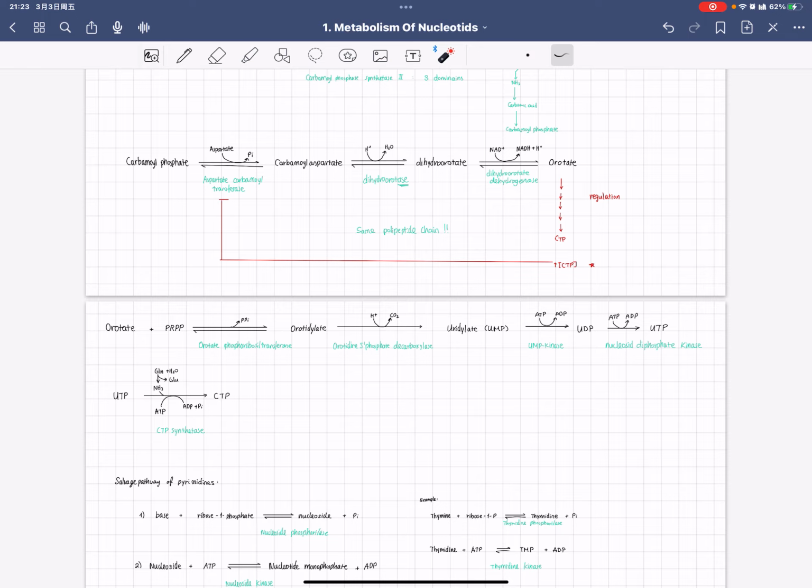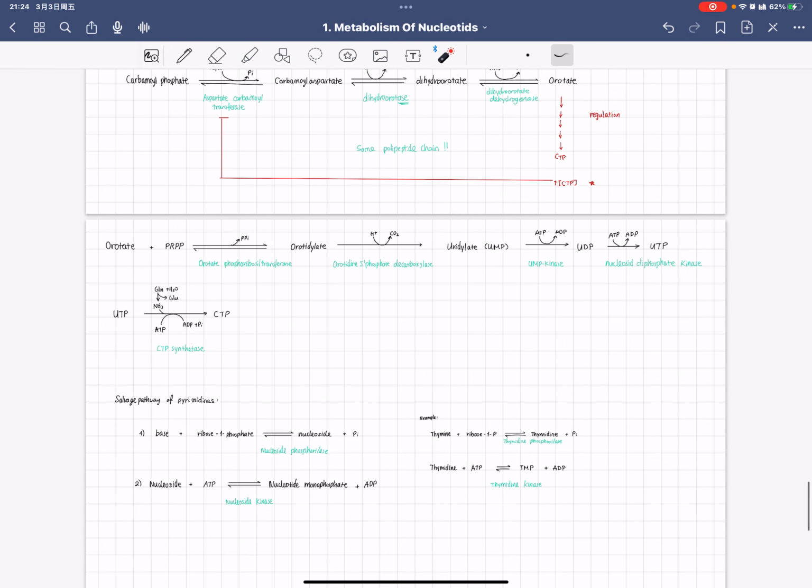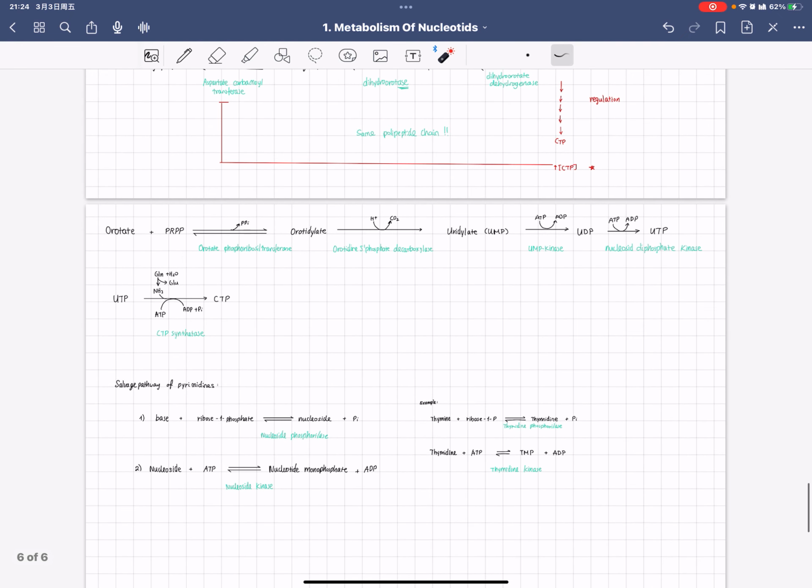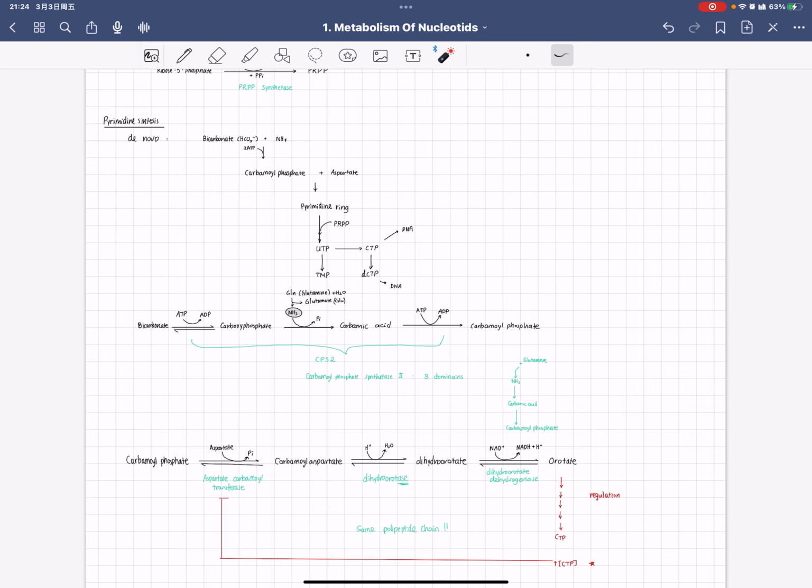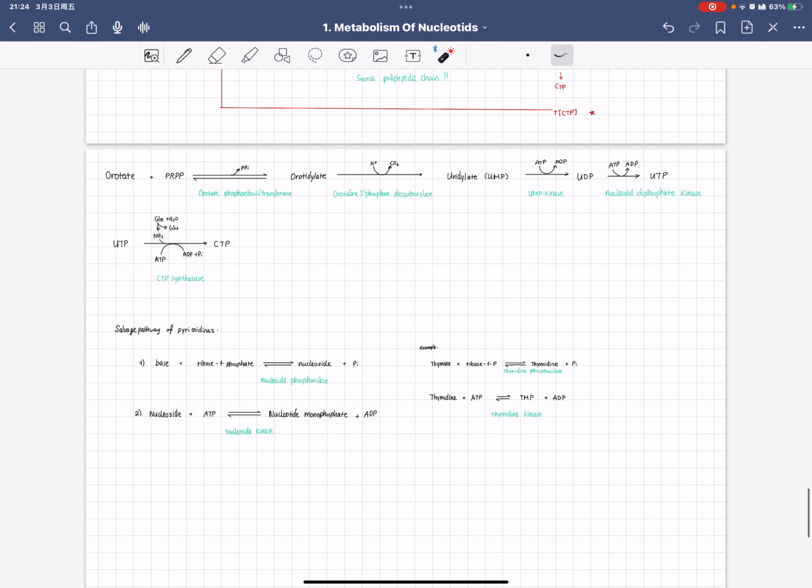From the difference of structure. I think that's all.